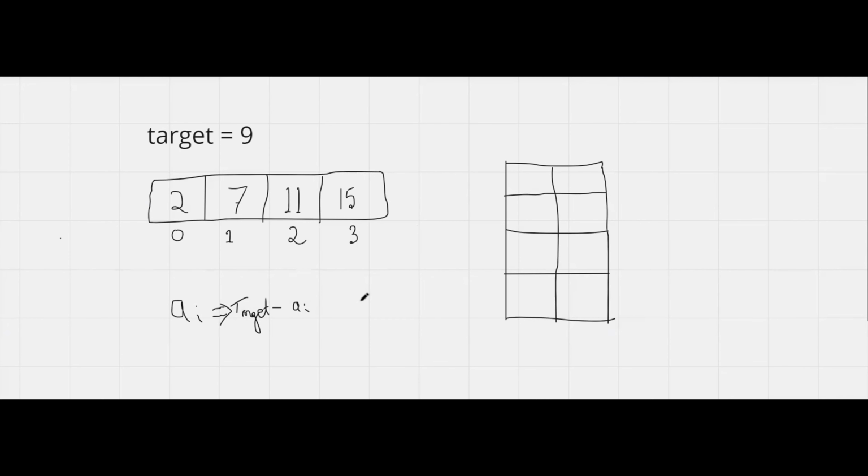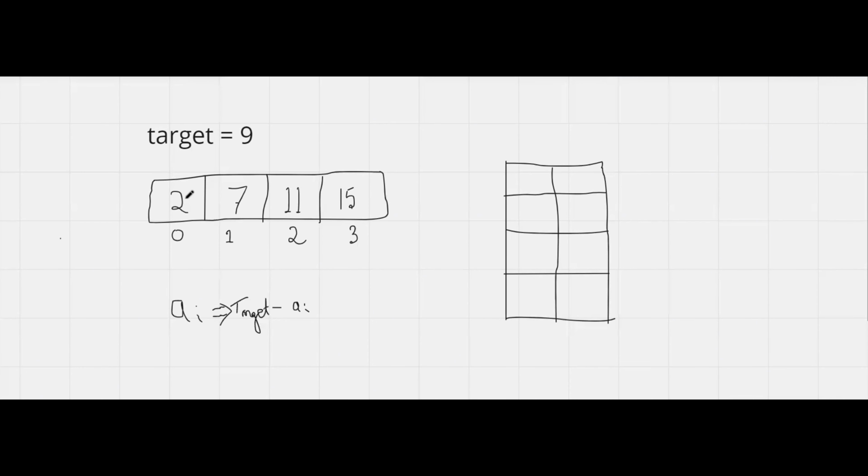Here the algorithm is, we have to loop through the elements, and for each array element A[i], we have to determine whether there is an element in the map whose value is target minus A[i].